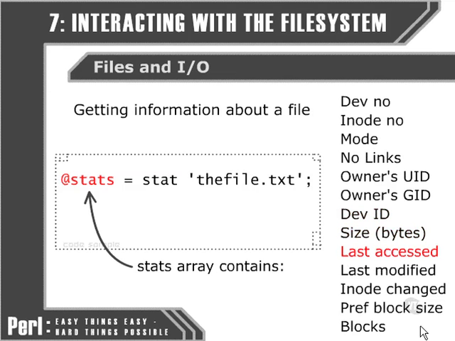The last accessed and modified statistics here, and the last time that the inode of the file was changed. These three are all listed in terms of the number of seconds since the beginning of the Unix epoch in 1970, January the 1st. So they may look like a strange number if you're not used to dealing with those kind of numbers.